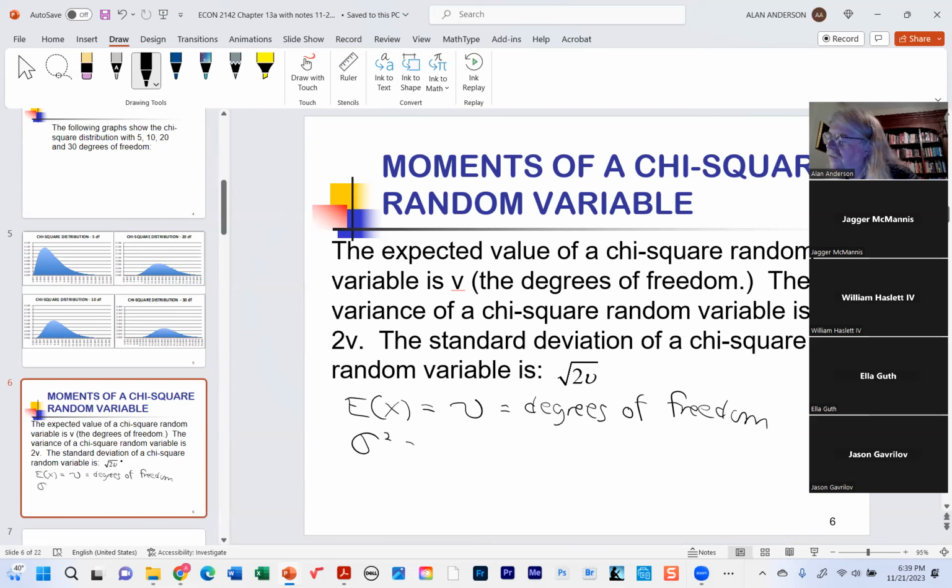The variance is just 2 times nu. And that means the standard deviation must simply be the square root of 2 times nu. So these are easy to remember.